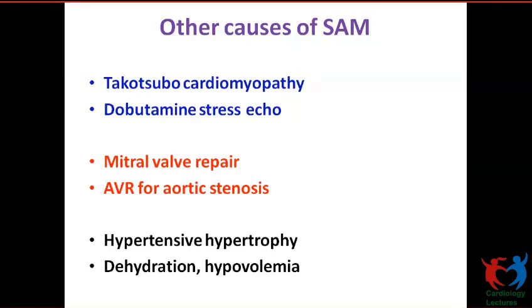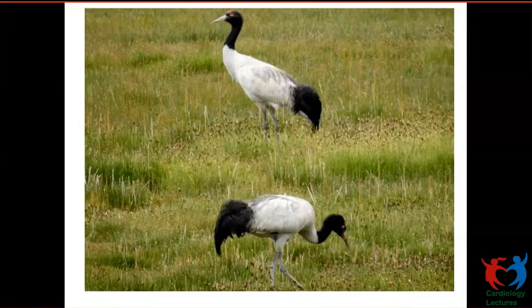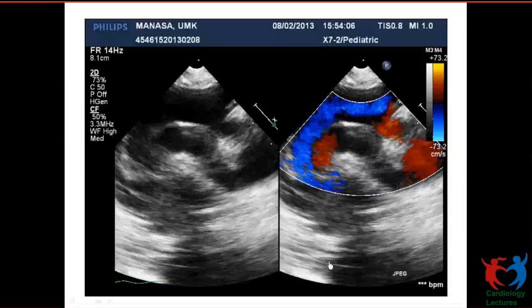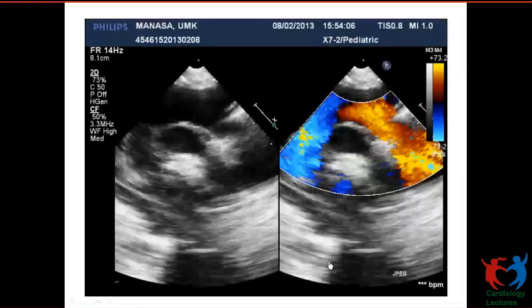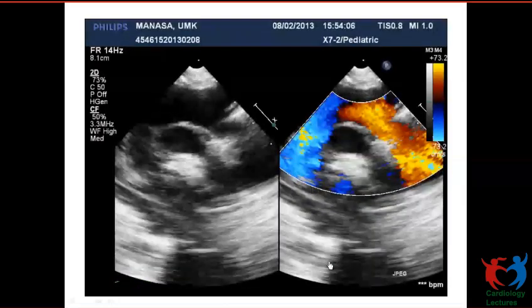Okay, we'll move on to the next. Some simple ones now. Everybody is familiar, I suppose, and very commonly asked in the exam. A favorite echo image of examiners. Supracardiac total anomalous pulmonary venous connection.